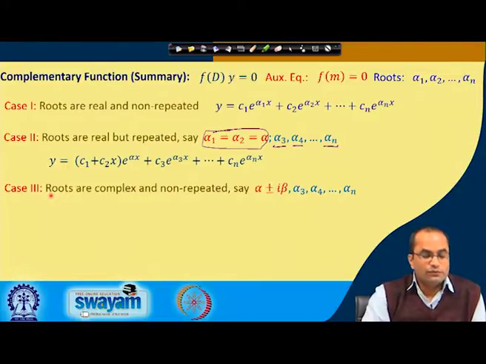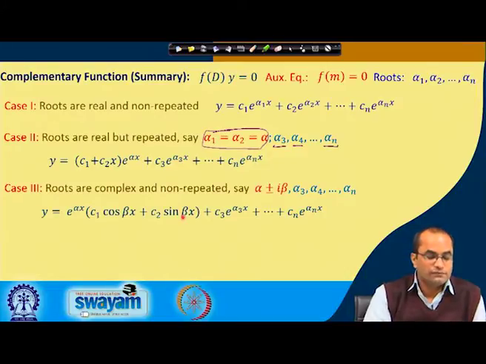Case 3, when roots are complex and non repeated, say alpha plus minus i beta, and all others are real roots, for instance alpha 3, alpha 4 and alpha n. So, these first two roots are the complex roots alpha plus i beta and alpha minus i beta. In this case, what will be the solution, the complementary function of the given differential equation?